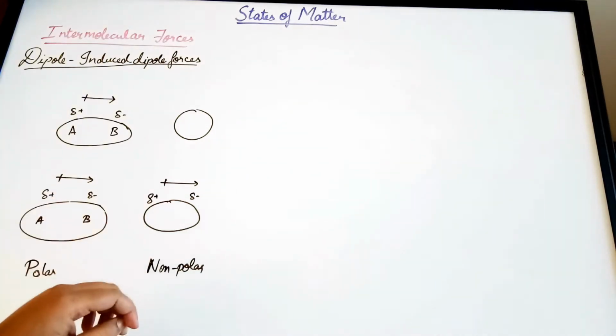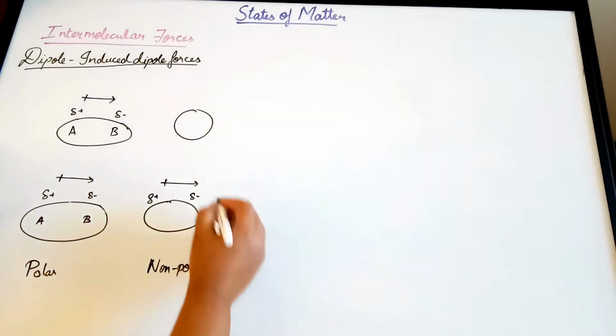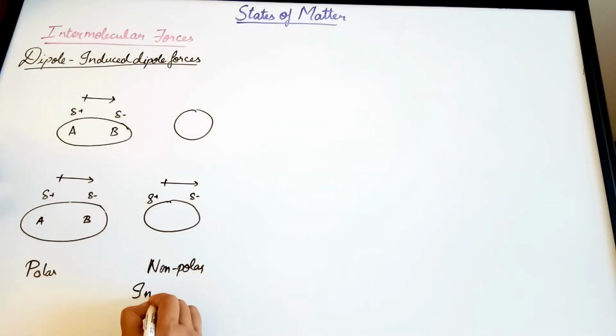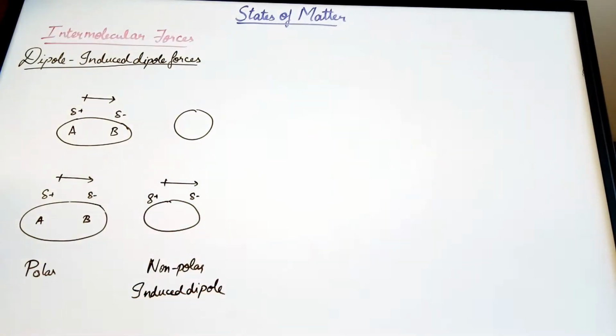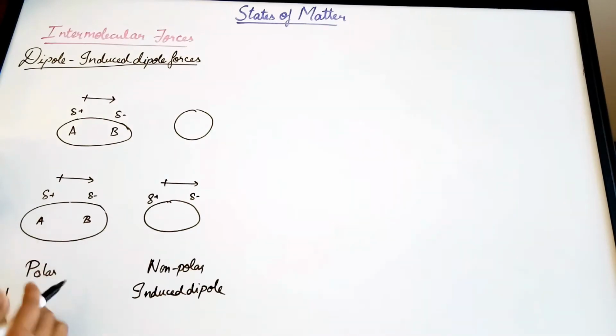And the word induced, we've also learnt about in our London forces or dispersion forces. There also we had learned that because of the instantaneous dipole of one atom or molecule, there will be an induced dipole in the other one. So here the non-polar molecule is going to have an induced dipole, and this is because of the permanent dipole of the molecule which is polar.